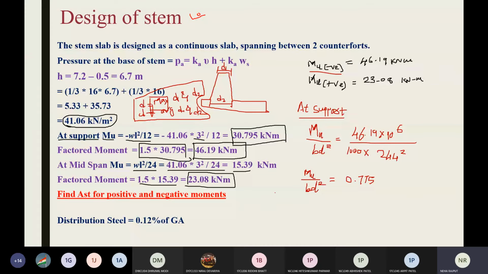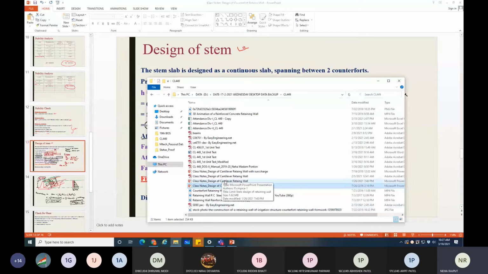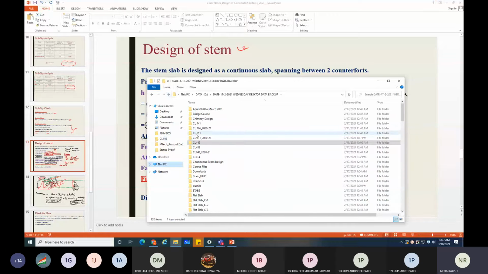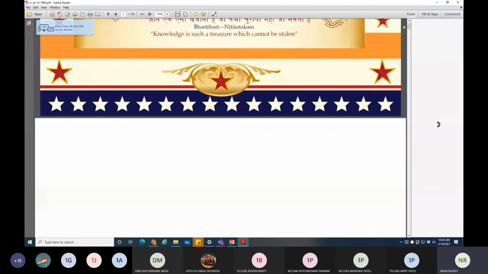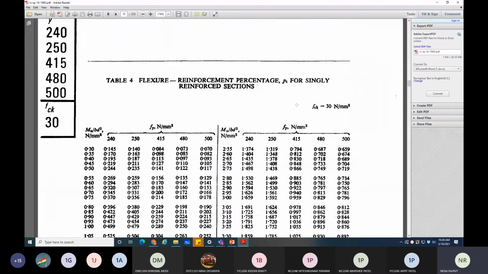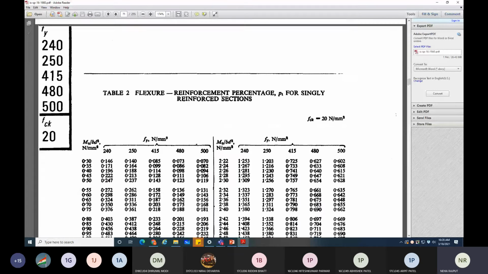Right. Now from SP16, now we are going to use this SP16. In SP16 we need to use table number 2.